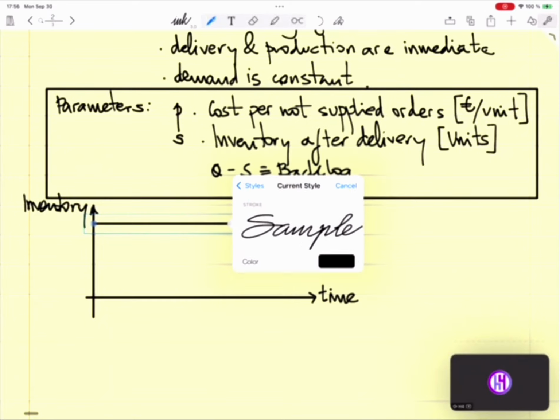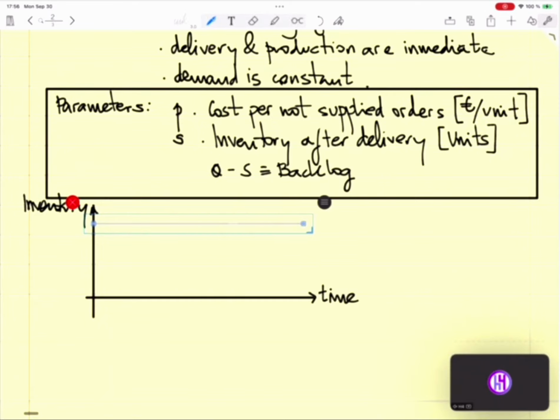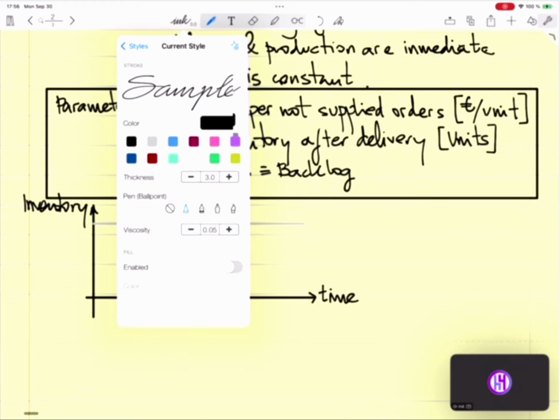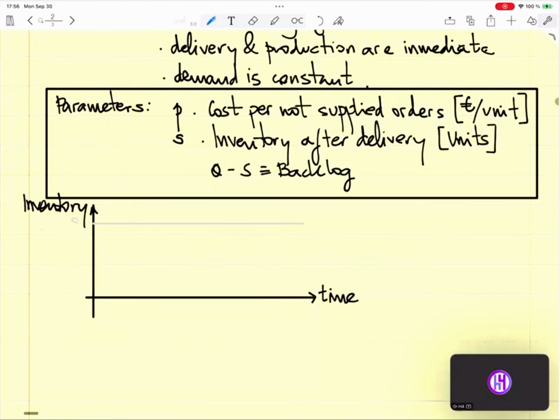Again, here this is S. Okay, this is the inventory after delivery.